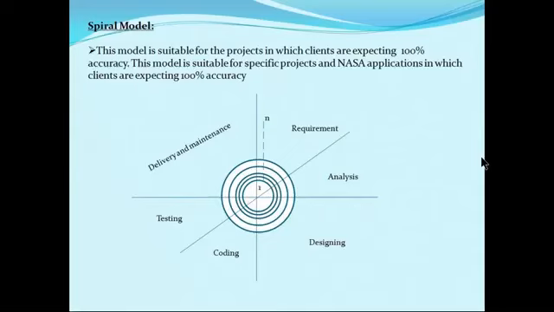Spiral means it looks like a spider nest, like spiral-bound books. When we start at one point, we should continuously go on until we reach the end stage, right? Even a spider nest looks like circles.